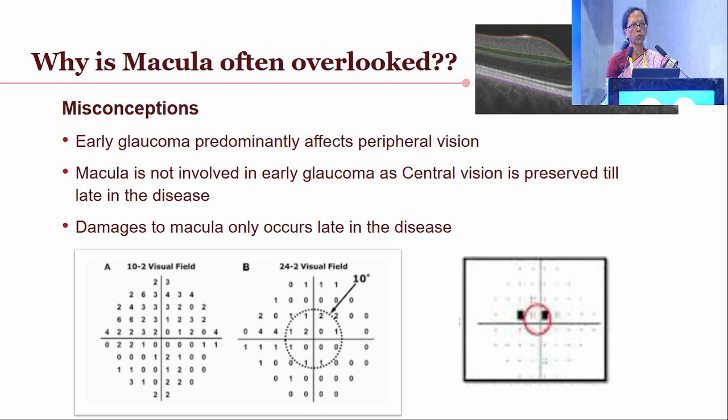So we used to think that it is not affected in the early stage, but central vision usually gets affected simultaneously with or earlier than peripheral vision, which we can know by the 10-2. And due to the advent of the newer swept source and SD-OCT, we can now properly segment the macular layers, and we can know that changes also occur in the macular area in glaucoma.